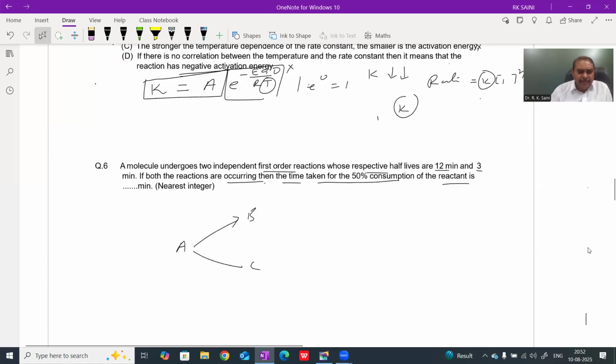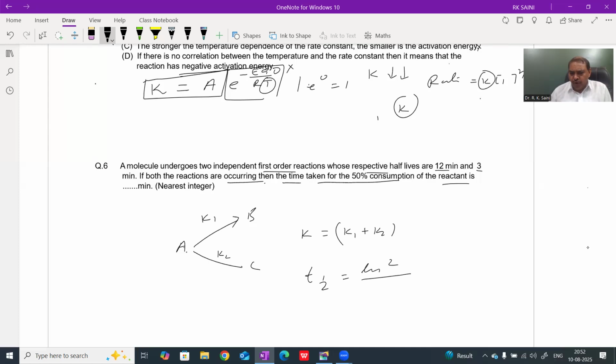We know that the rate constant of A to B is K1 and the rate constant of A to C is K2. And their average rate constant is K1 plus K2. Hence, according to the first order law, the half-life equals ln2 upon K, where K is K1 plus K2.